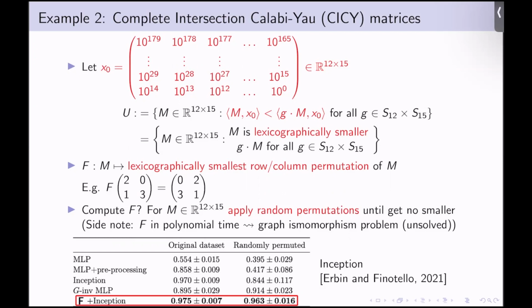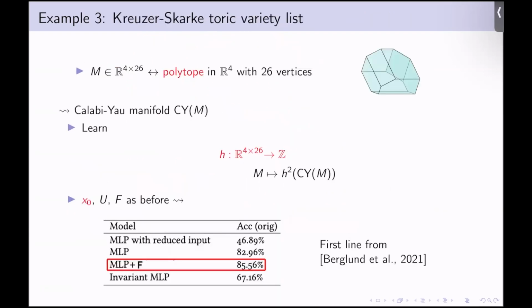Okay, and then I'm almost out of time, so I'll be very brief with the last example. The last example are toric varieties, so Calabi-Yau manifolds coming from reflexive polytopes. Let's not dwell on how you go from a 4×26 matrix to a Calabi-Yau manifold, but you can do it.